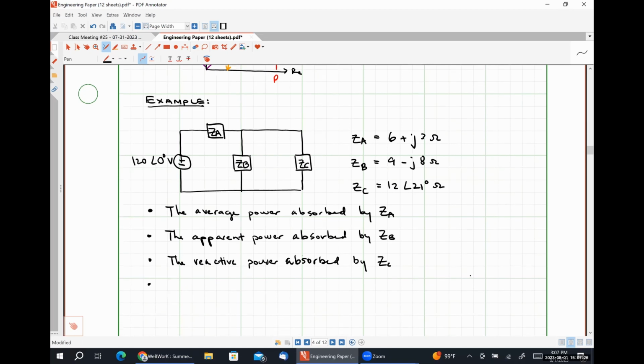And lastly, the complex power supplied by our voltage source, Vs.